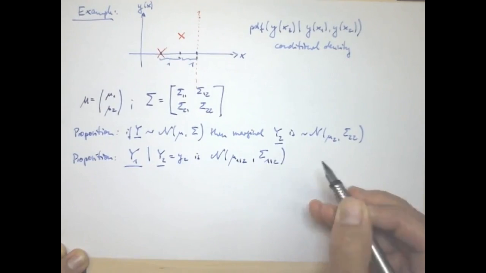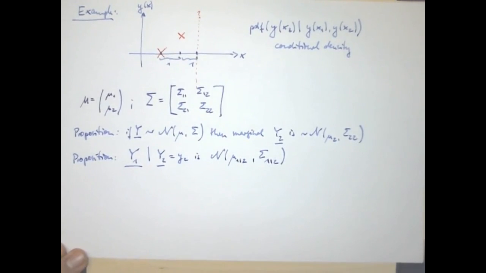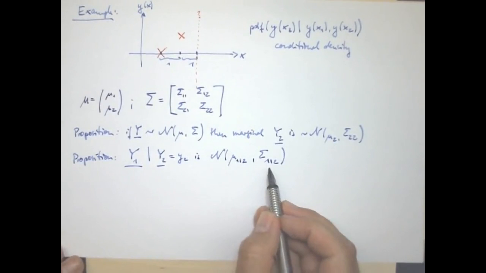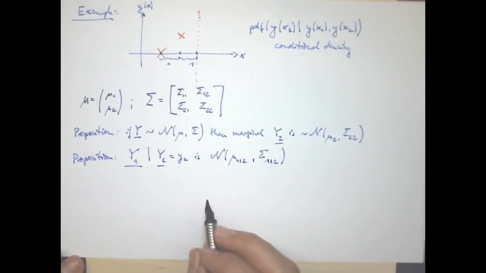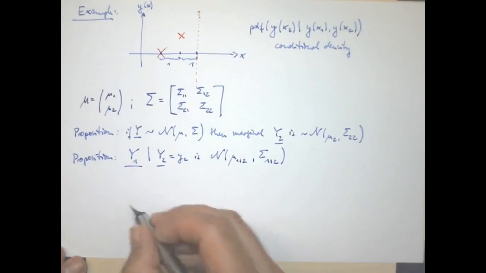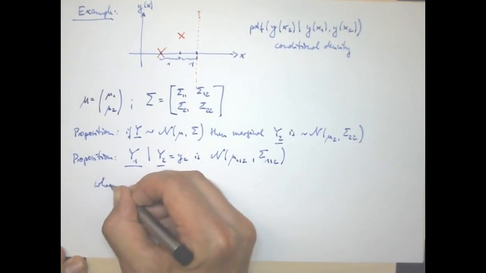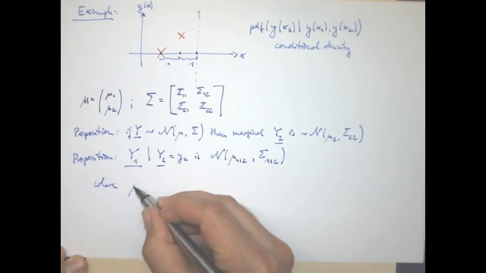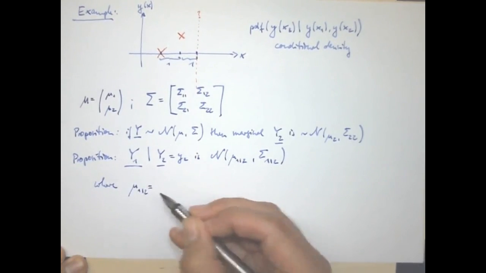And we're calling this mu 1 given 2 and sigma 1 given 2. And now comes the claim, namely that mu of 1 given 2 is the following.